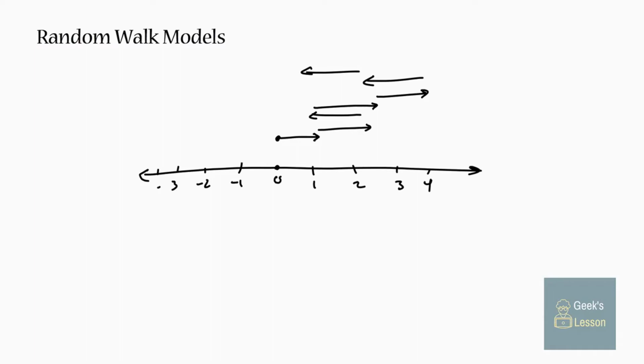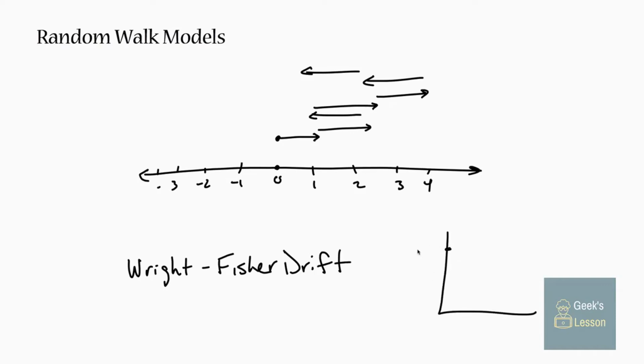In fact, one of my favorite random walk models is the Wright-Fisher model of random drift. If you want to model the genetic drift in your population, you start at some allele frequency p, and every time step, the allele frequency changes, basically goes on a random walk.